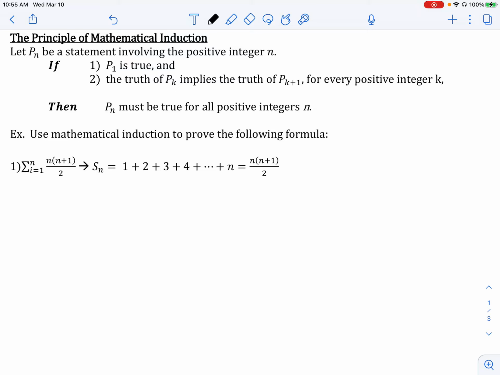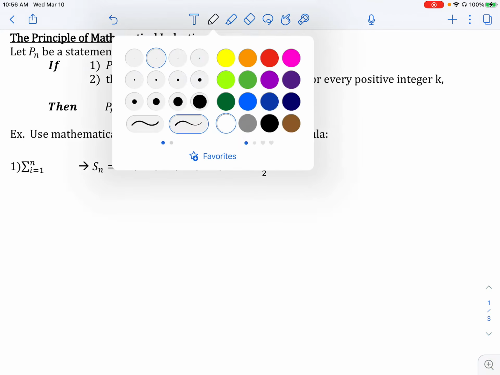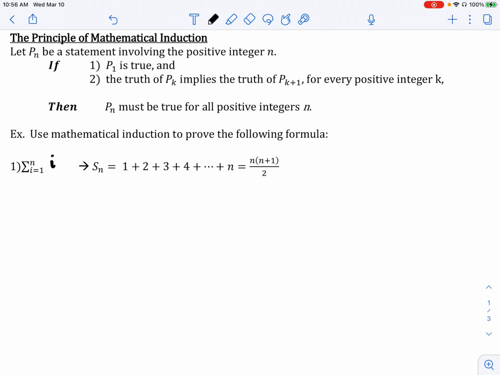So I want to go ahead and do a mathematical induction proof here for the formula that we just discussed. And there is a little bit of a typo here, I apologize. This needs to be changed to i, just so we're staying consistent with what we said earlier. So let's look at this, and I'm going to leave those steps up there.